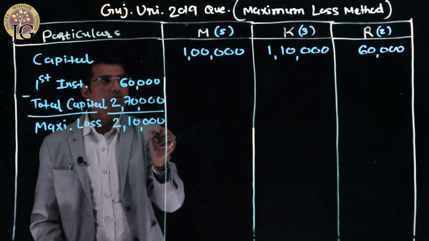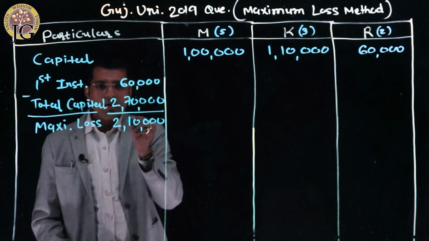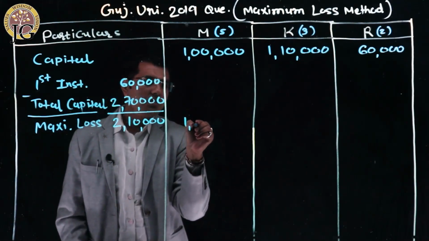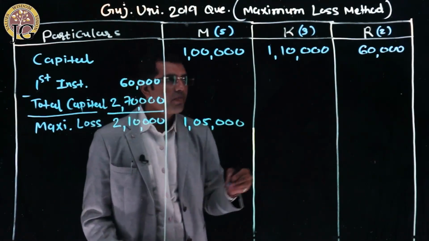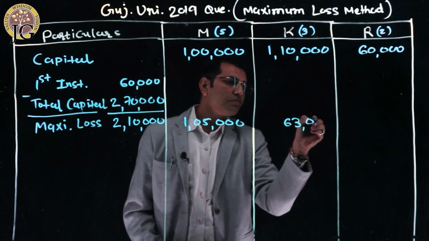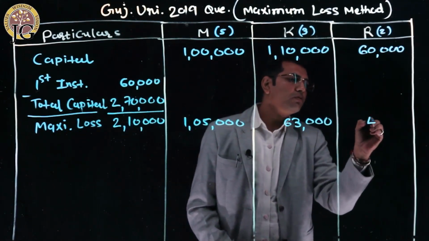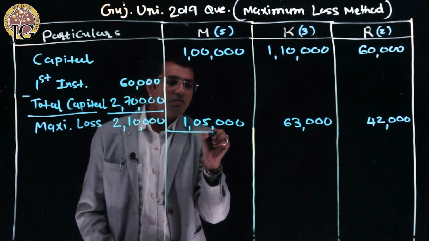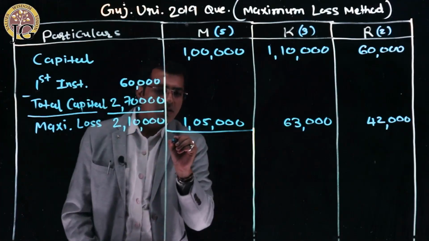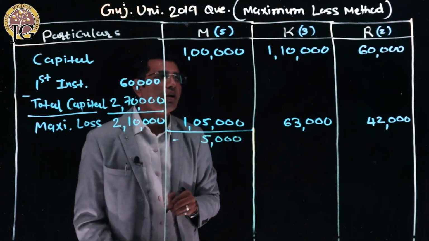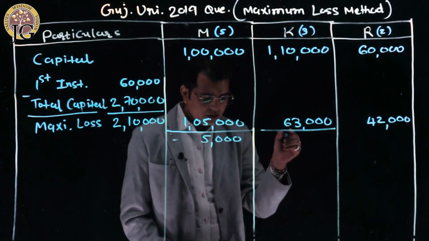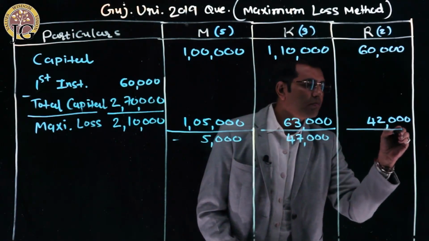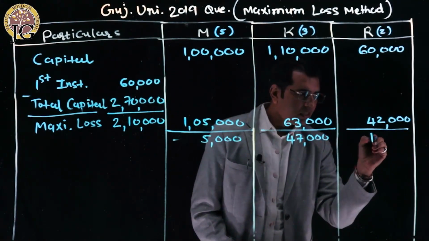If you distribute the 2,10,000 in the ratio 5 is to 3 is to 2, you will get 1,05,000 for M, 63,000 for K and 42,000 for R. Now, if you deduct the 1,05,000 maximum loss from the capital, you have 5,000 minus amount for M. Then you get 47,000 positive amount for K, and for R also you will get 18,000 rupees.